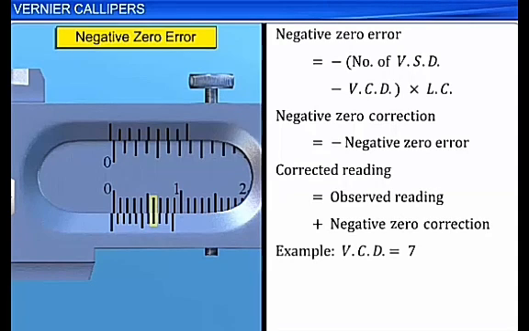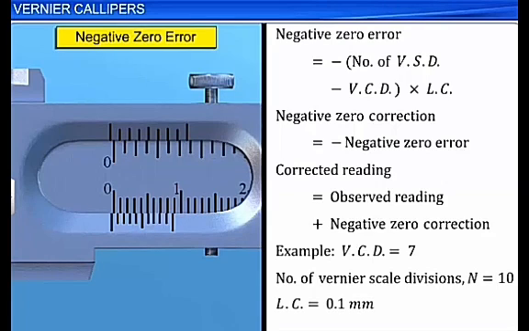For example, when the two external jaws are kept in contact, the zero of the vernier scale is on the left side of the zero of the main scale, and the seventh division on the vernier scale coincides with one of the main scale divisions. The number of divisions on the vernier scale is 10, and the least count of the vernier calipers is 0.1 millimeter.